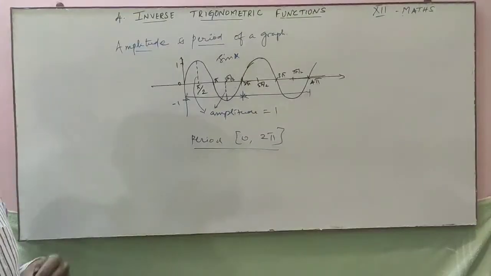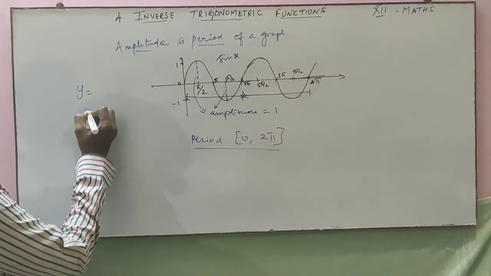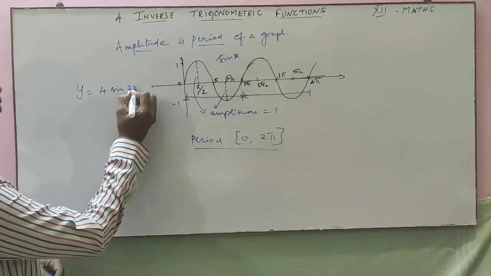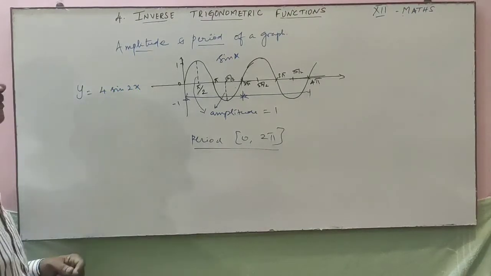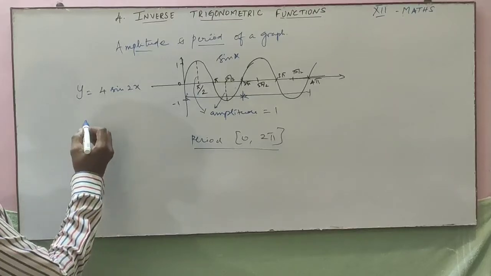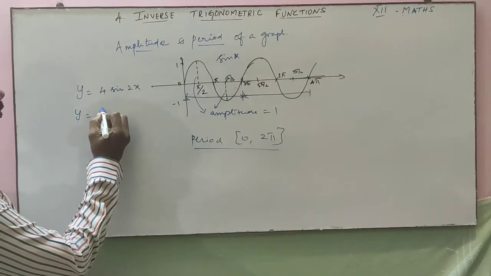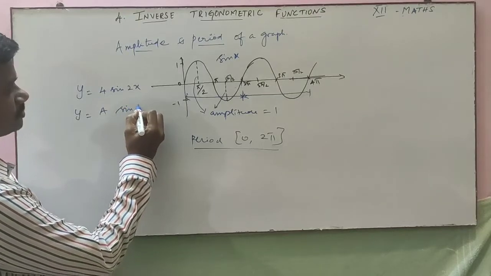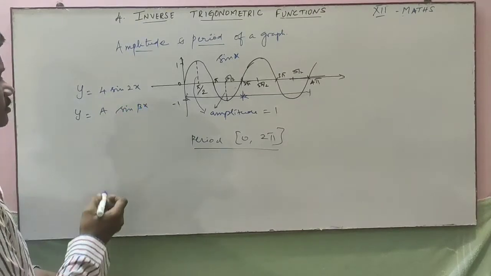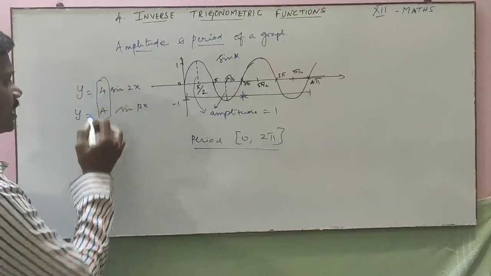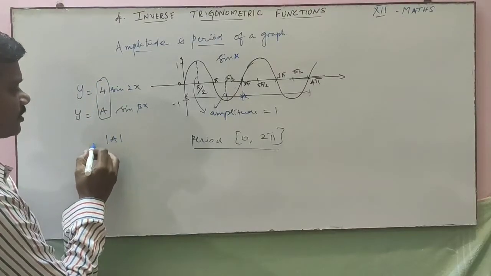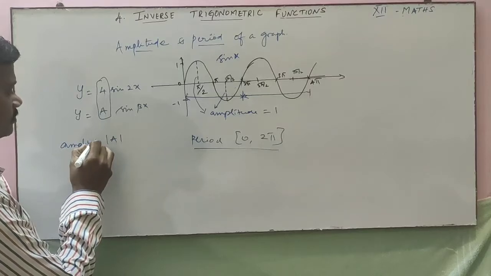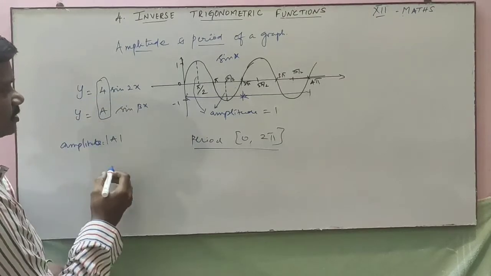We will see this for one example. For example, y is equal to 4 sin 2x. If you compare this with y is equal to a sin beta x, this a is called the amplitude. So modulus of a is called the amplitude of the sine function.